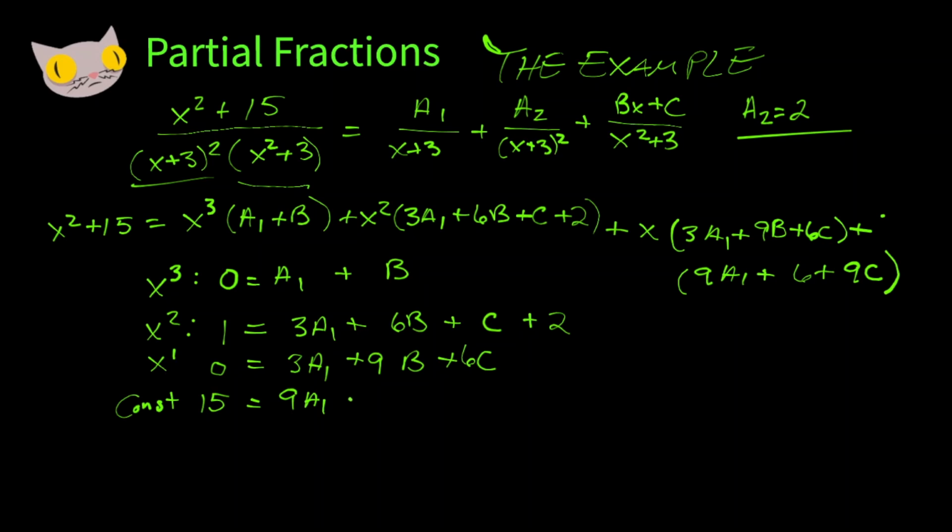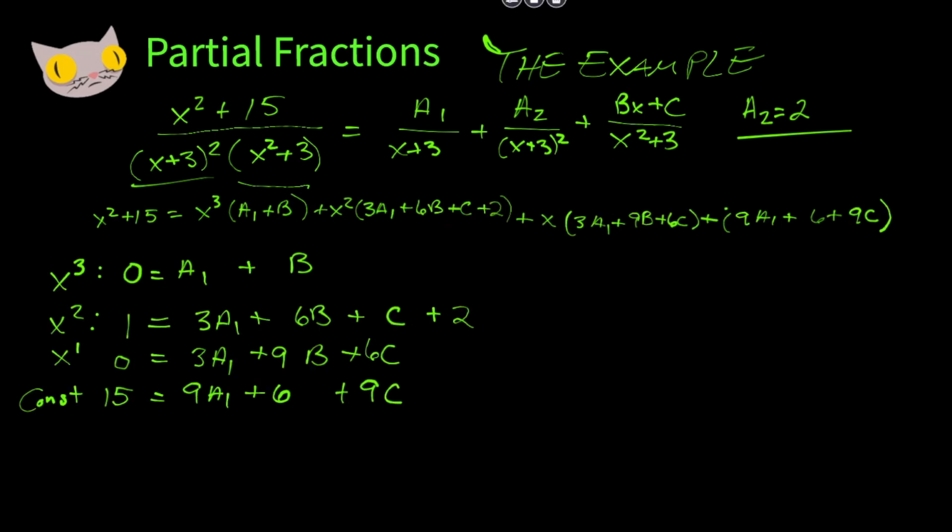And then we have 9a1 plus 6 plus 9c. All right, now let's go ahead and simplify these equations. So we have 0 set to a1 plus b. Here we can subtract 2 from 1 to get rid of that.